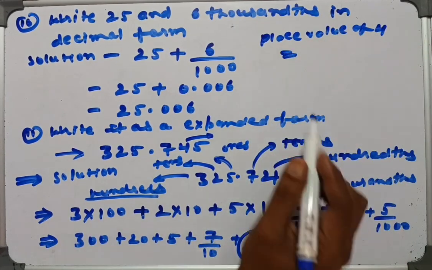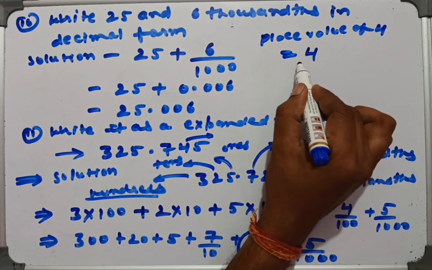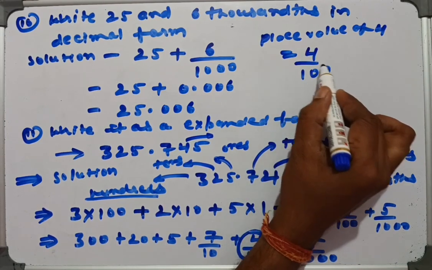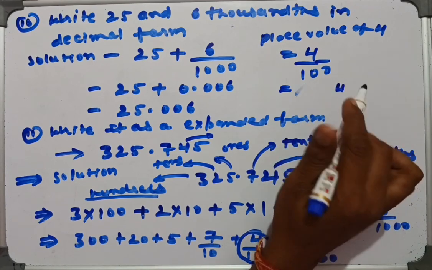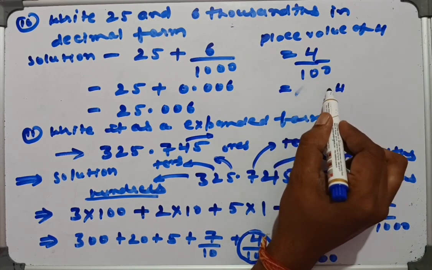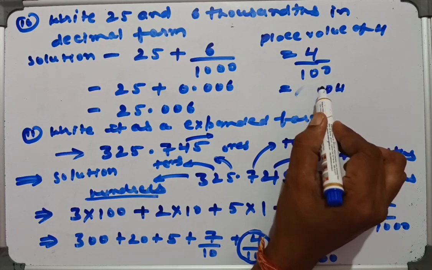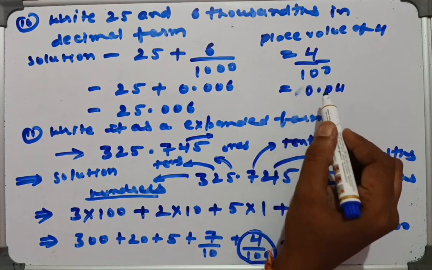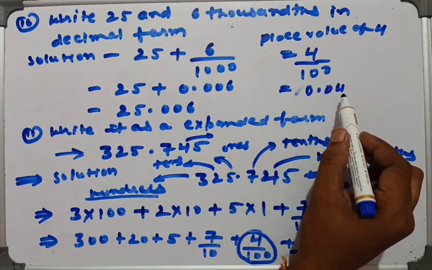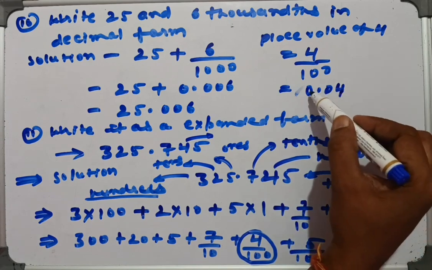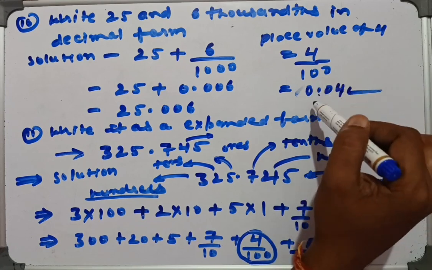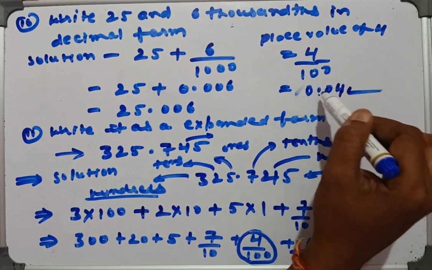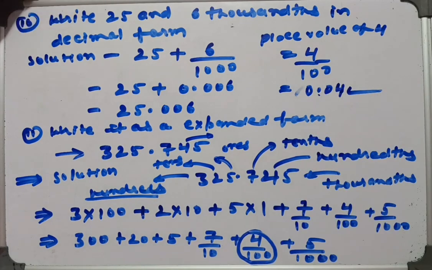So what will be the value? 4 by 100, and this is equal to 4. Then here is 2 zeros, put 1 zero, then stop here, then put 1 zero before the dot. Then the answer is 0.04. So the place value of 4 is equal to 0.04.